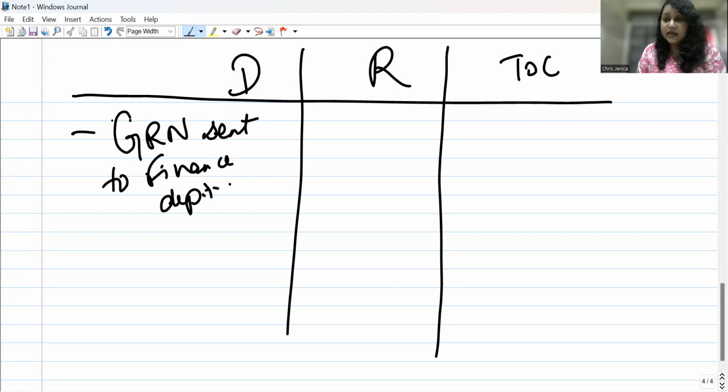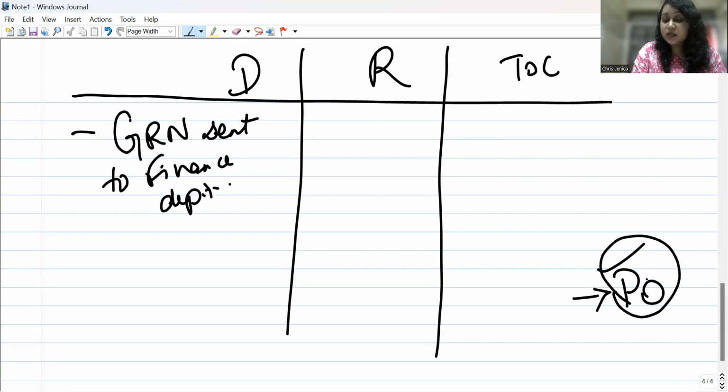Why am I calling this a deficiency? First of all, where does the complete purchases process start? Only when the purchase department raises the PO, right? When a department needs stock, they send a purchase requisition, and the purchase department, if there is no stock, will raise a purchase order. So this is where the purchases start.